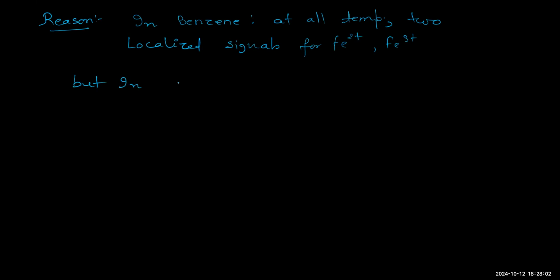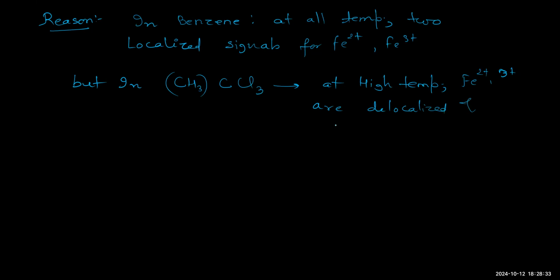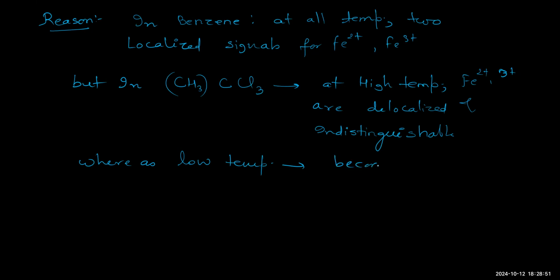But in methyl chloroform, at high temperatures, it behaves as iron 2 and 3 are delocalized and indistinguishable, whereas at low temperature, they become localized.